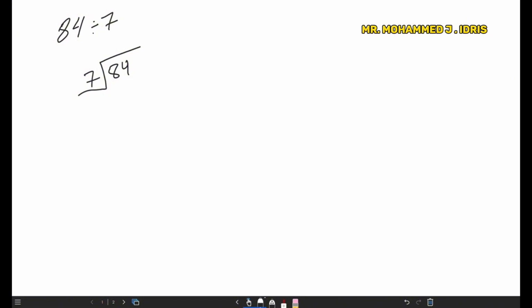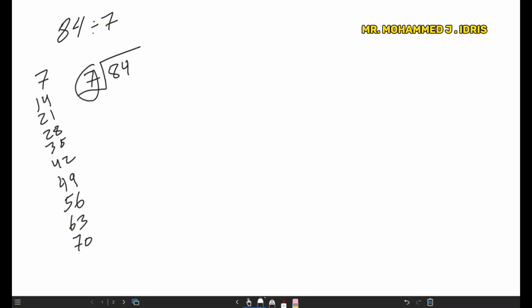So how do we do this? If you don't know the multiplication table of 7 or you don't memorize it by heart, you can write the multiples of 7: 7, 14, 21, 28, 35, 42, 49, 56, 63, 70.